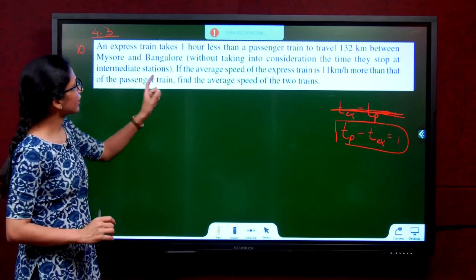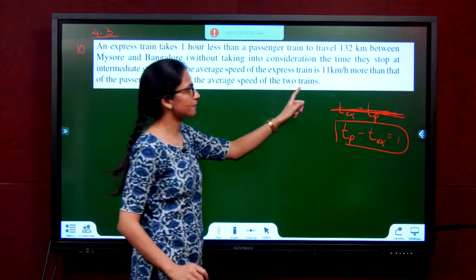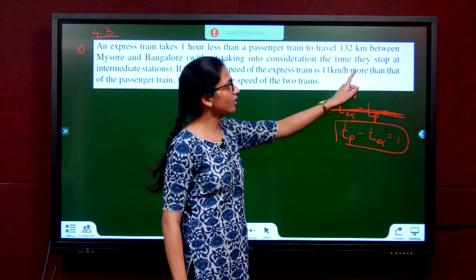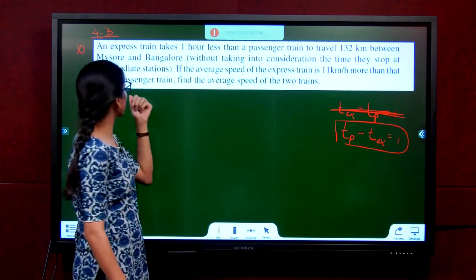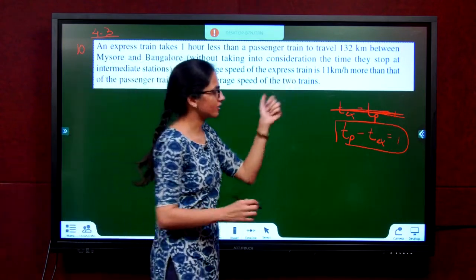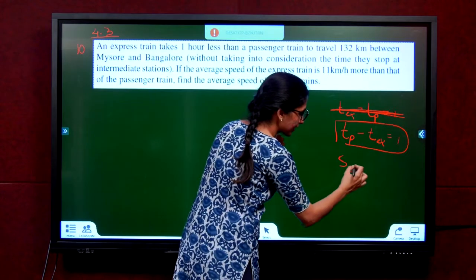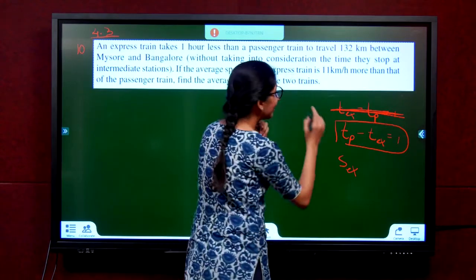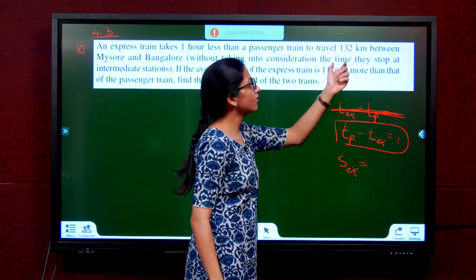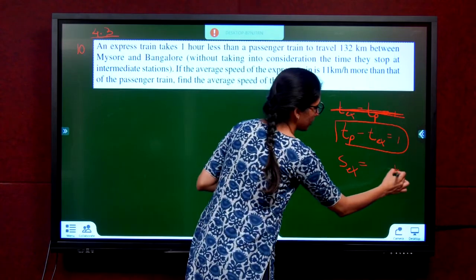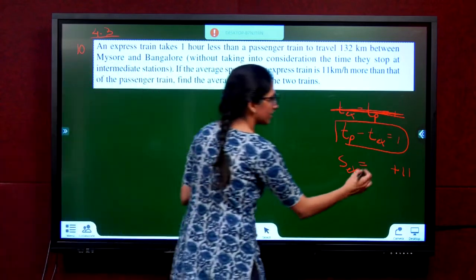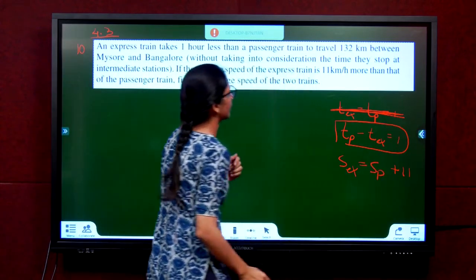So if the average speed of the express train is 11 km/h more than that of the passenger train. Listen carefully. Speed of express train is equal to 11 km/h more, so plus 11 than the speed of the passenger train.